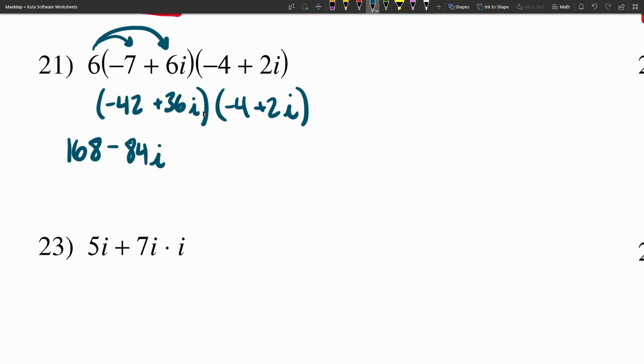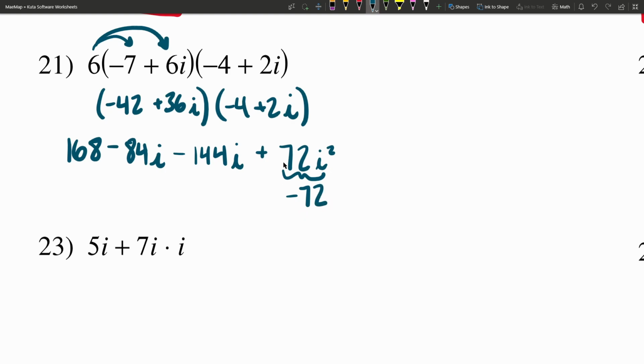Then 36i times negative 4 is going to be another negative, and that's going to be 144i. And then lastly, 36i times 2i, 36 times 2 is a positive 72, and that gets multiplied by i squared. 72 times i squared is 72 times negative 1, which is negative 72.